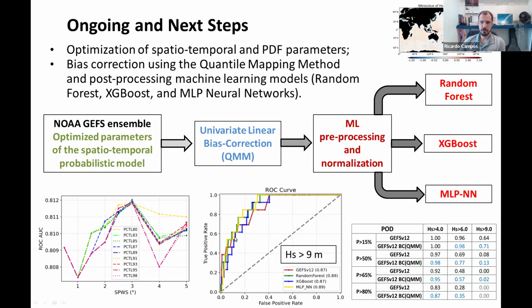Here we can see the ROC curve after using the machine learning, which improves the probability of detection for the 9 meters level. Also the optimization of these hyperparameters of the probabilistic model is very useful when we move from one location to another, or variables, or forecast range.